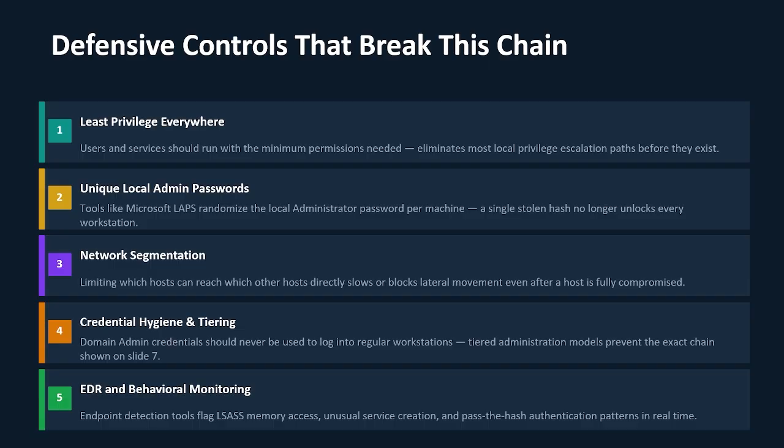So defensive controls that break this chain. Least privilege everywhere. Users should not run as administrator. They should run as a non-privileged account. Administrators should not run as administrators. They should run as a non-privileged account and only elevate to administrator permissions when needed. There should also be, and it doesn't say it on this slide, a privileged access workstation.